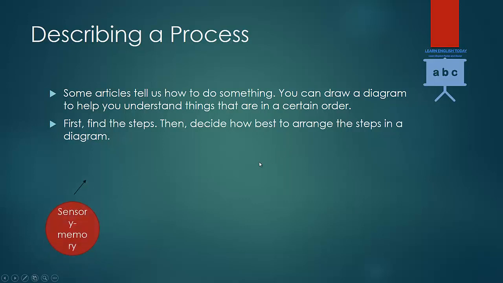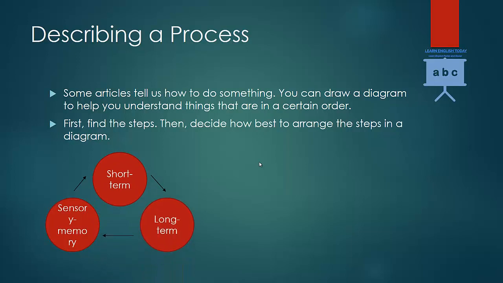For example, our sensory memory, our short-term memory, and our long-term memory. It is a diagram that shows three components, or three parts, of our brain. It is very easy to remember. I drew another diagram about the four key points.